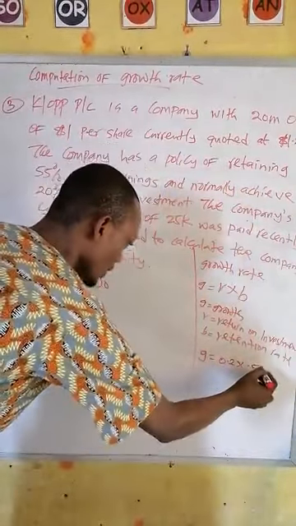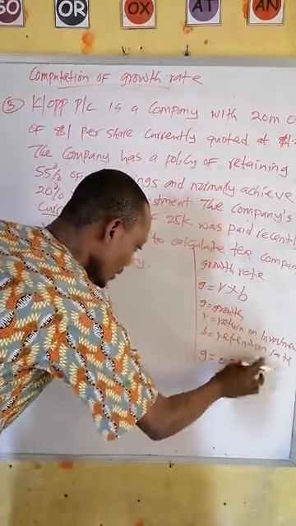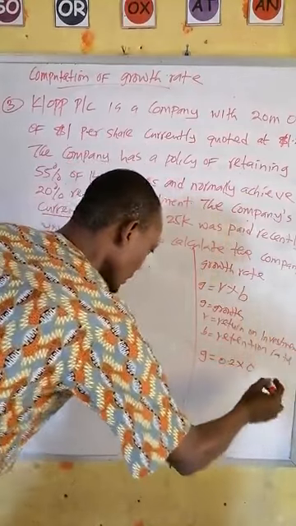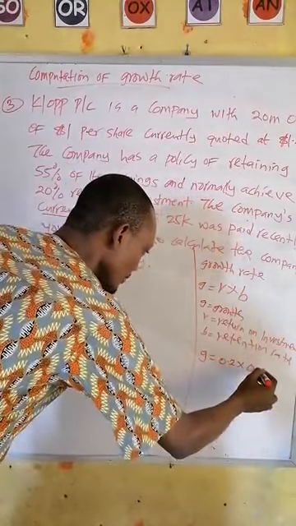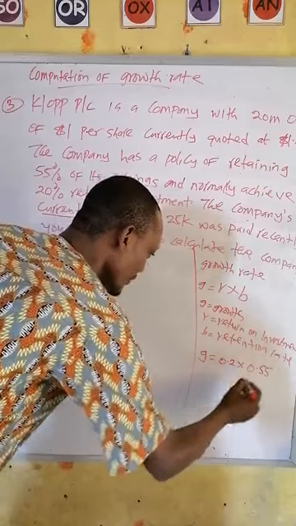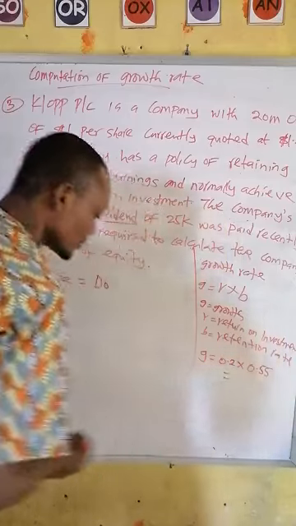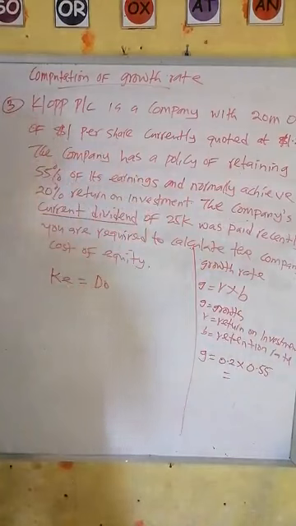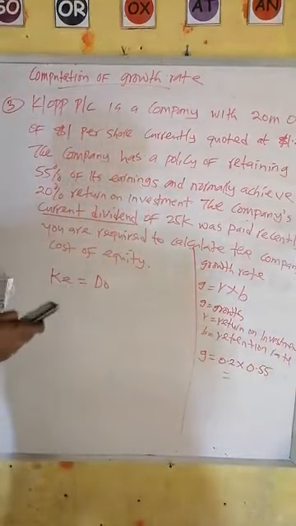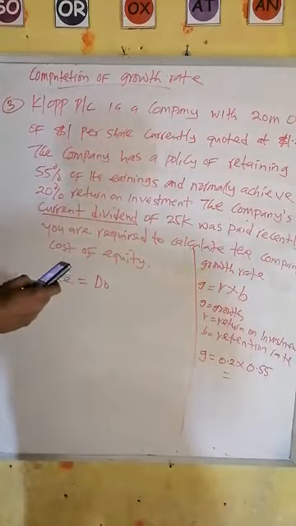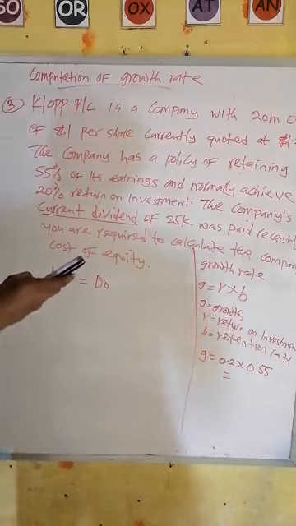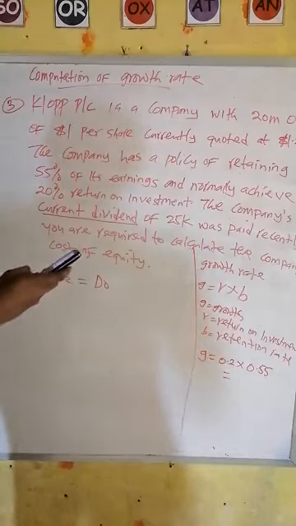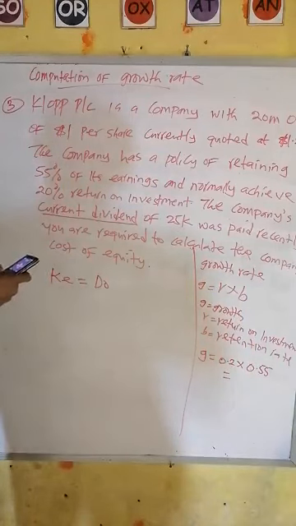That is 0.55, which is equal to, let's compute it, 0.2 times 0.55.